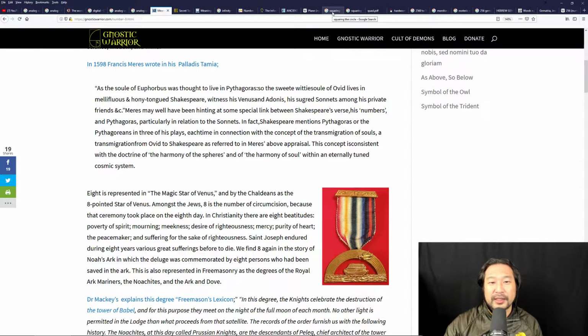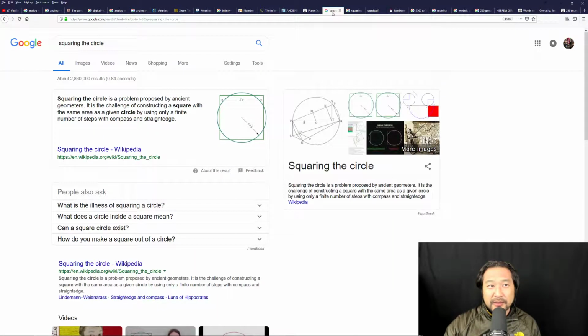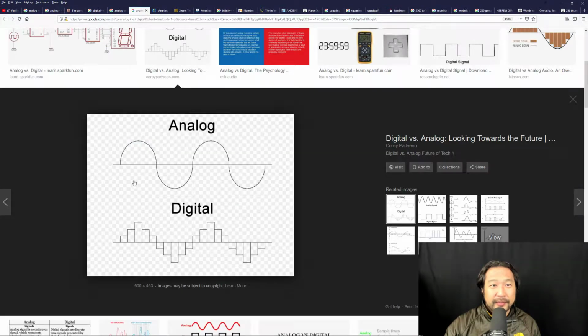Now, another thing that we'll talk about later is this digital technology. It's about squaring the circle, because again, we're looking at the analog versus digital. And what are we doing when we convert analog to digital? I mean, you have digital to analog converters, and same thing, analog to digital. It has to be interpreted.